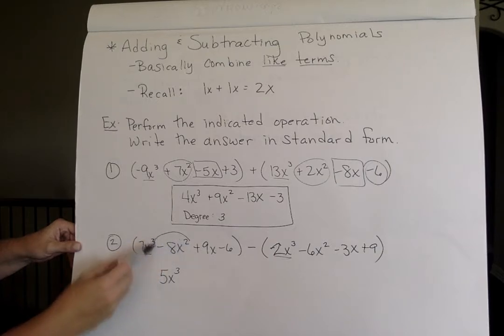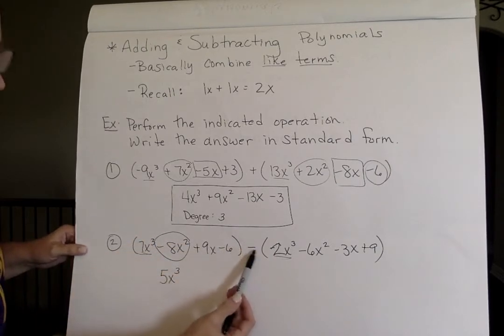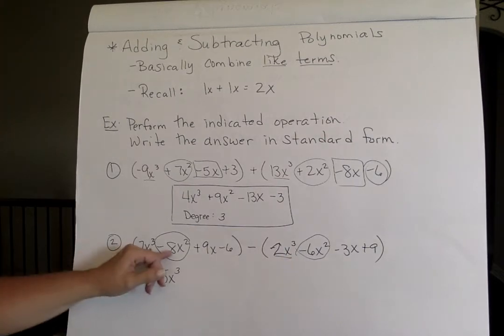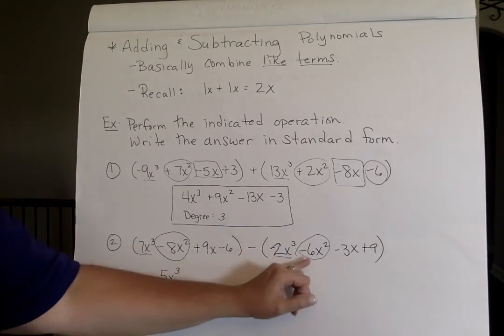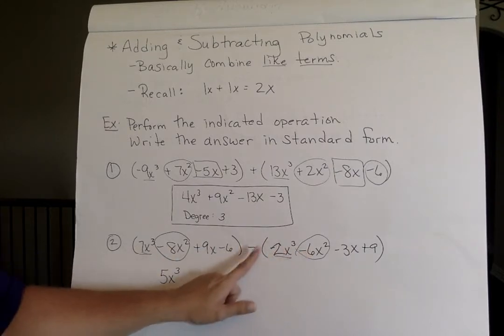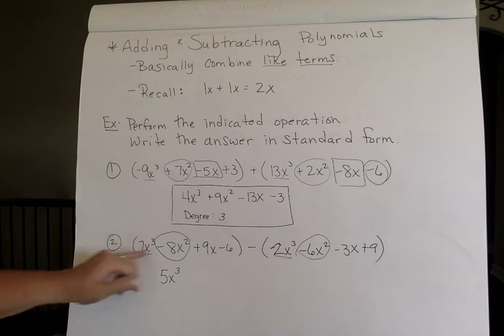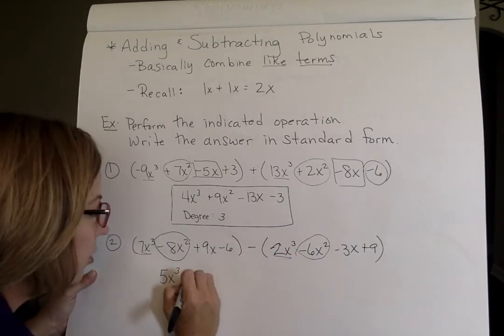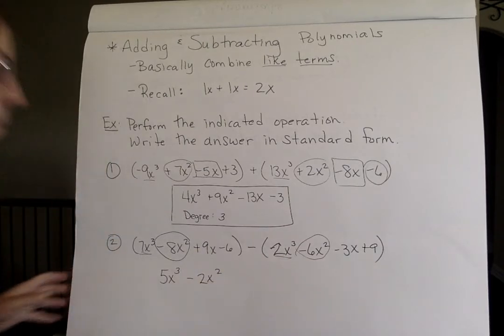We have negative 8x squared minus negative 6x squared. Thinking minus and negative, that's the same as plus a positive. So we have negative 8x squared plus 6x squared, which is negative 2x squared.